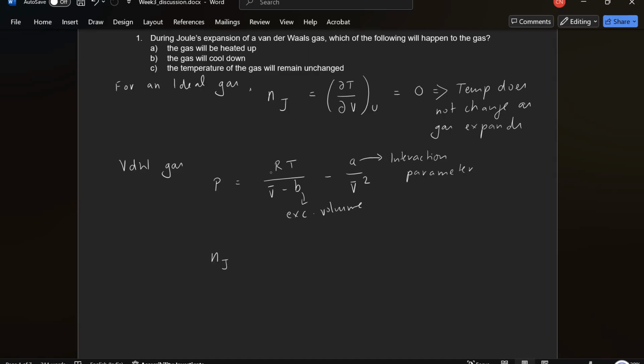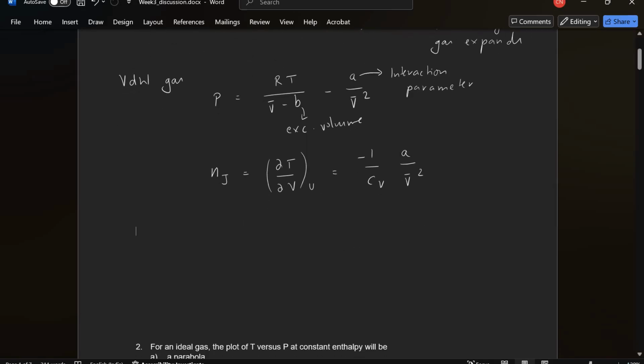I'll just write the Joule coefficient, because Sir actually went through the derivation in the class, so you can check that. If you see here, it is minus 1 by CV times a by V bar squared. Do you remember this formula for the Joule coefficient for a Van der Waals gas?